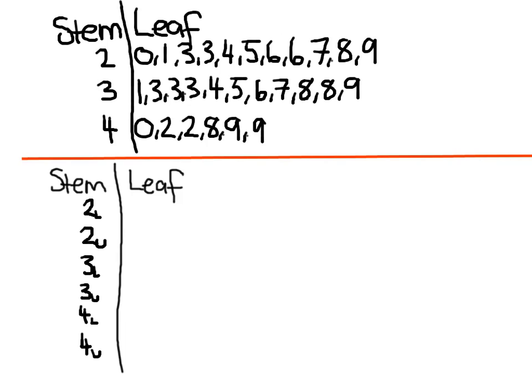And now when we go to put the values in all the different groups, any value that is between 0 and 4 goes in the lower group, and any value that is between 5 and 9 goes in the upper group.